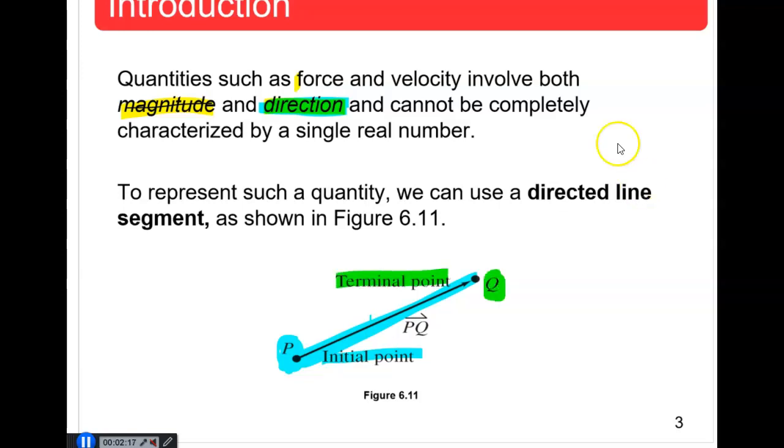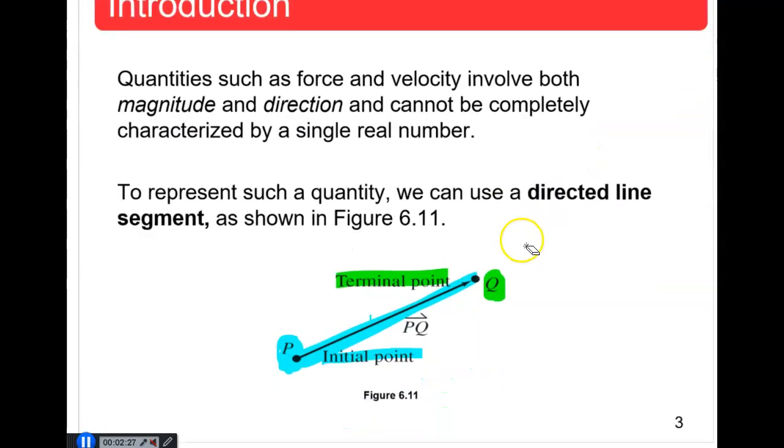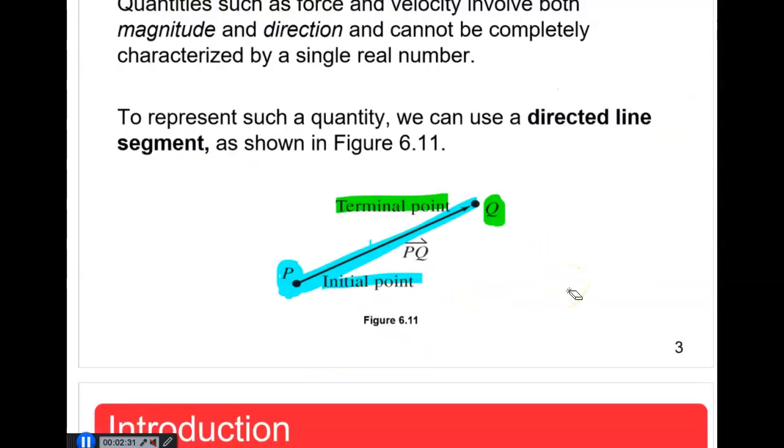So we use vectors to represent things like force and velocity. Those are two, but also in the next section we will cover the vector of work, which is a force vector.